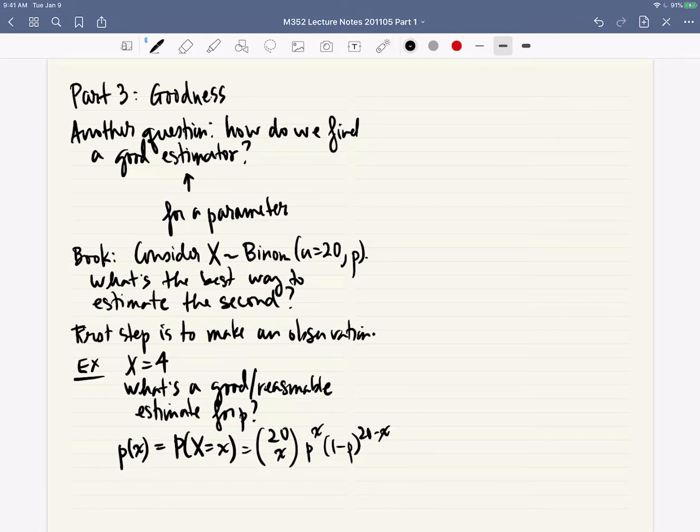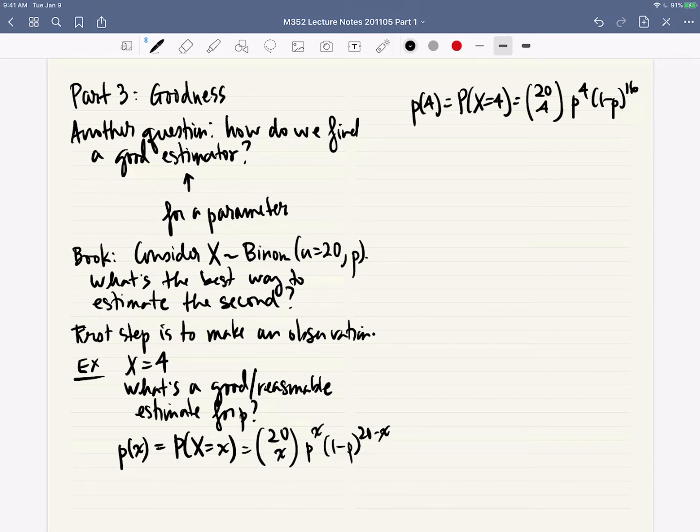So we observed x equals 4. So what we observed had a probability P(4), right? That's the probability x equals 4. And that, according to our formula, has that probability.